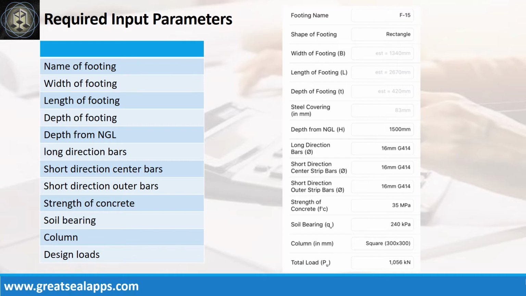Footing name F15, shape of footing rectangle, depth from natural grade line 1500 mm, long direction bars 16 mm bar at grade 414, short direction bars 16 mm bar at grade 414, strength of concrete 35 MPa, soil bearing capacity 240 kPa, column size 300 mm by 300 mm, and factored axial load 1056 kN.